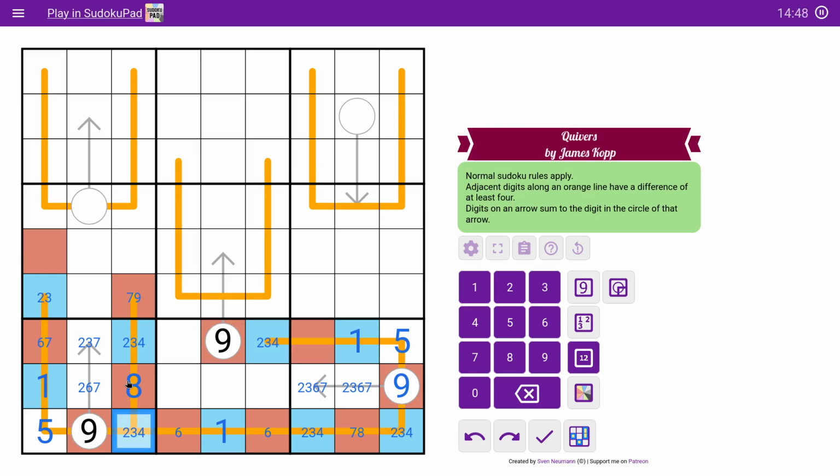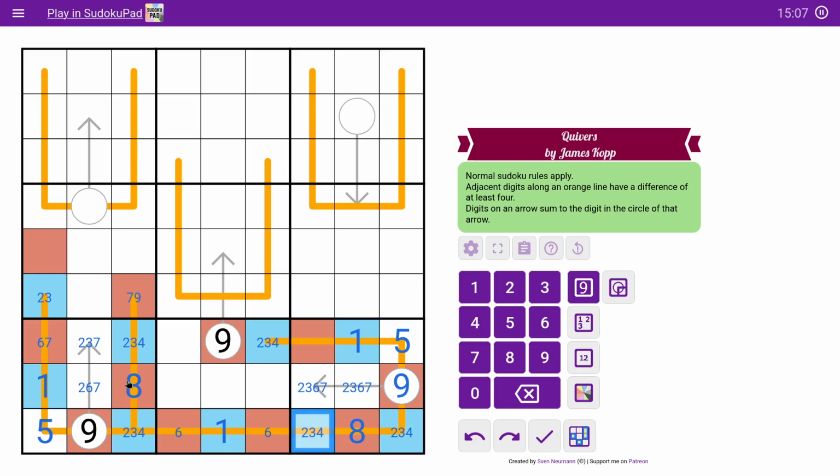If this is a 4, then this is an 8, 6, 7, 2, 3. One of these is a 4.